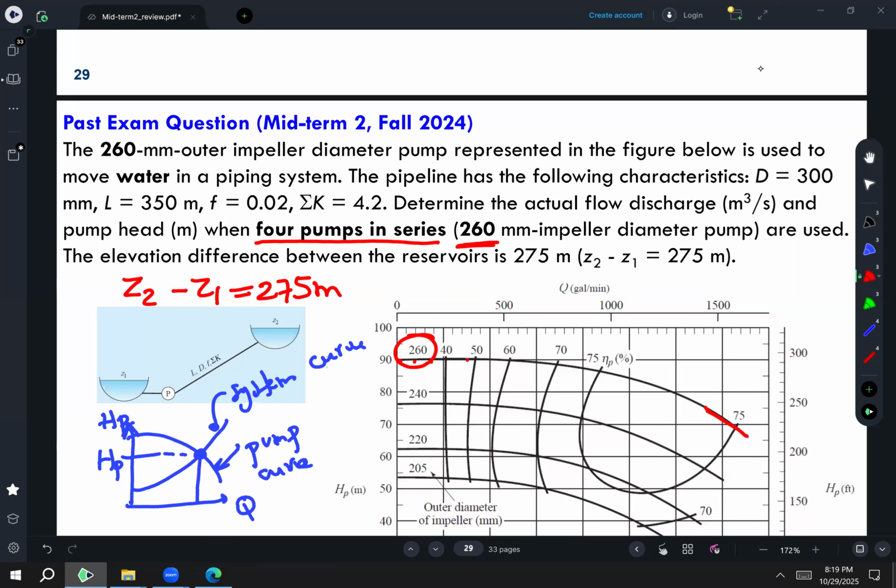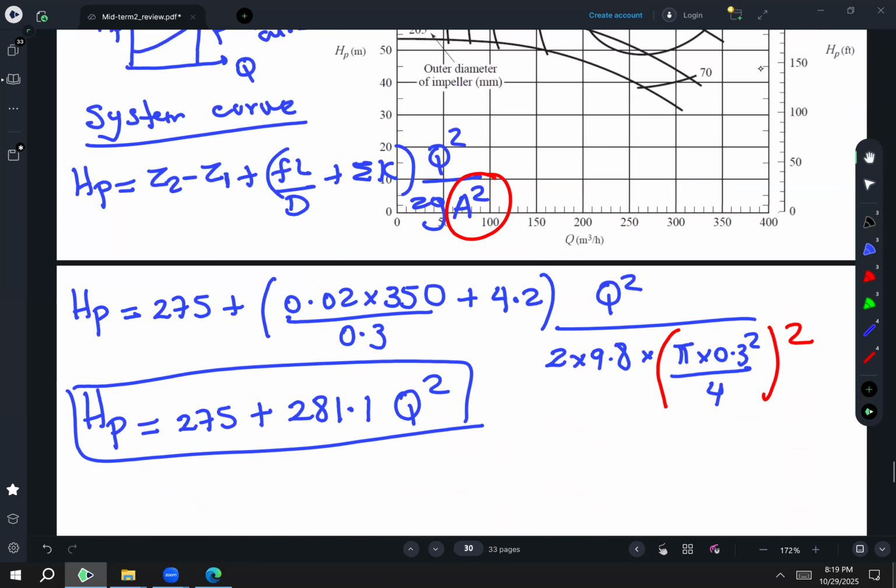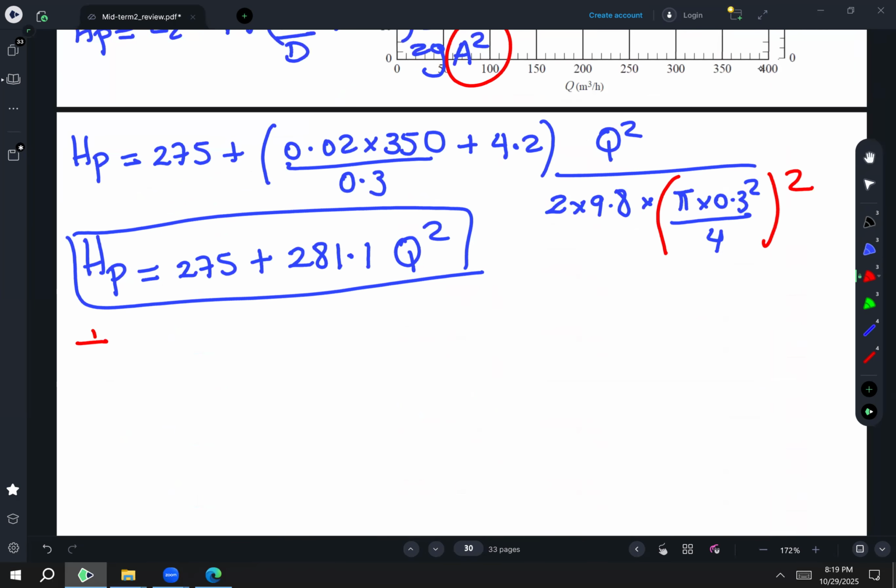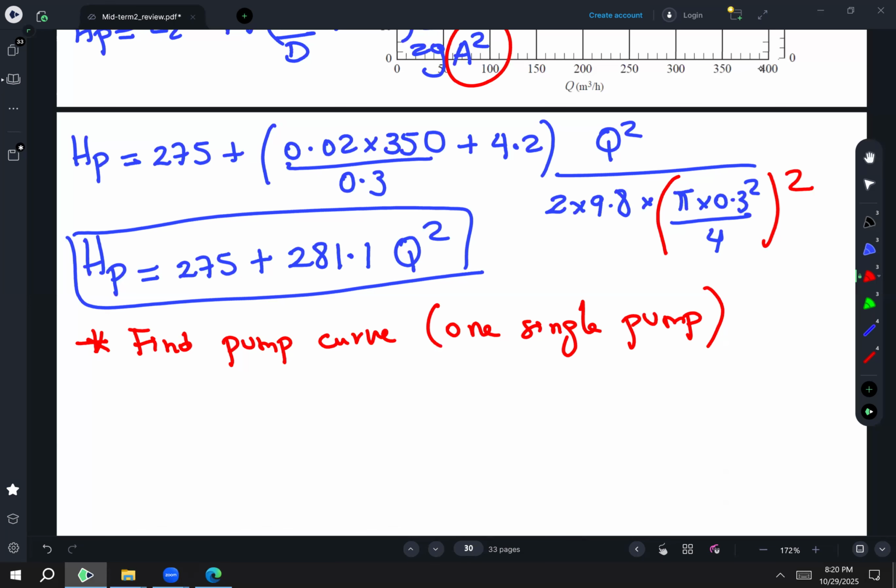So first, let's obtain the pump curve equation for one single pump, because that's what we have in the chart, one single pump.